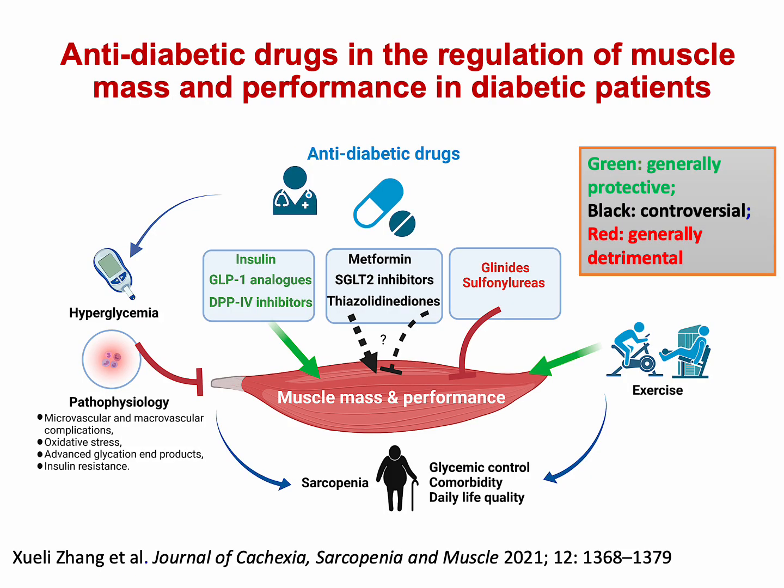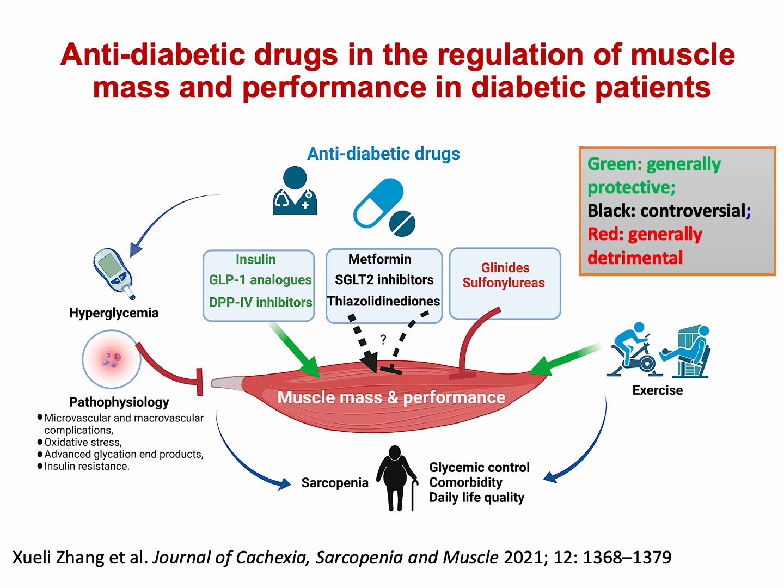Now, the anti-diabetic medications that we prescribe to our patients have varying effects on muscle mass and performance in individuals with diabetes. Some drugs are protective, some are detrimental, and others have no clear impact. Insulin, GLP-1 receptor agonists or GLP-1RA, and DPP-4 inhibitors are generally protective, in green.